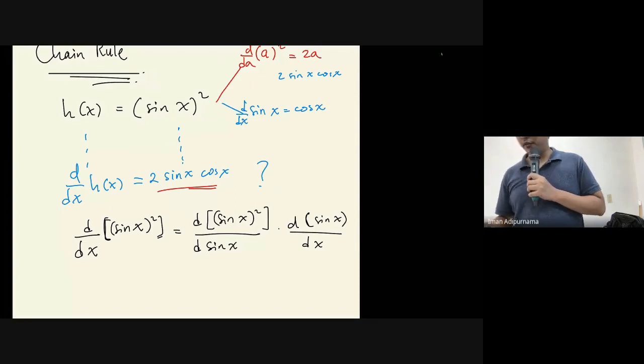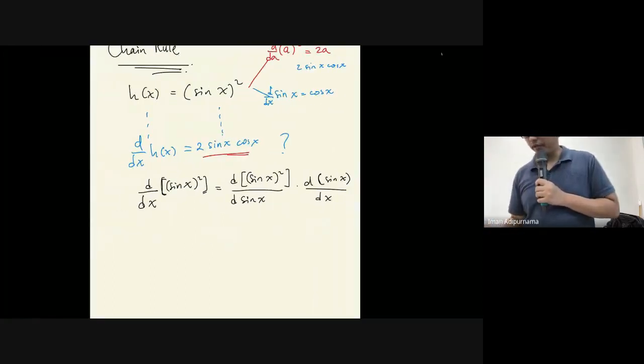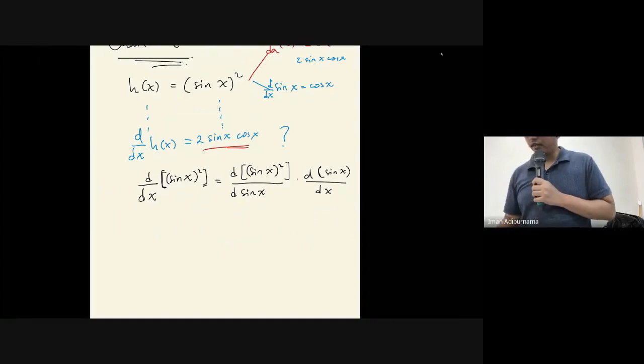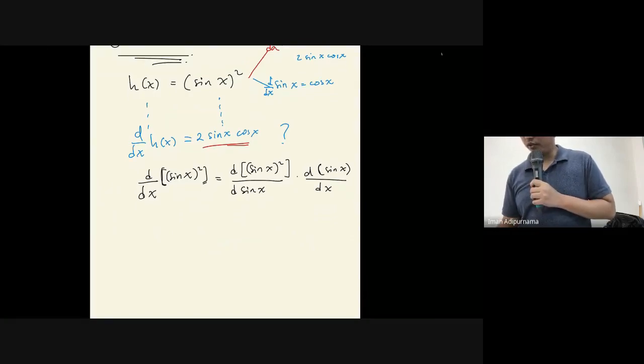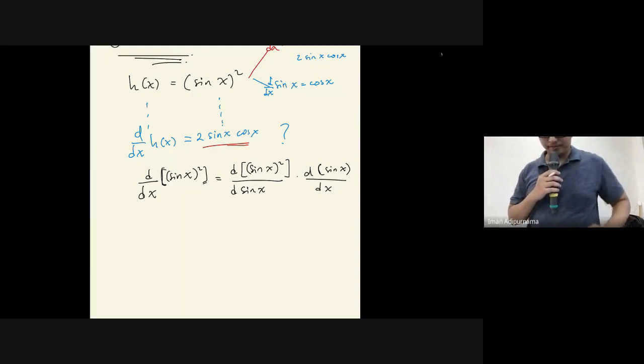So your sine x becomes your variable in this case. If you want to make it a, that's also fine. Same thing, but you can write these as the chain rule expressions.